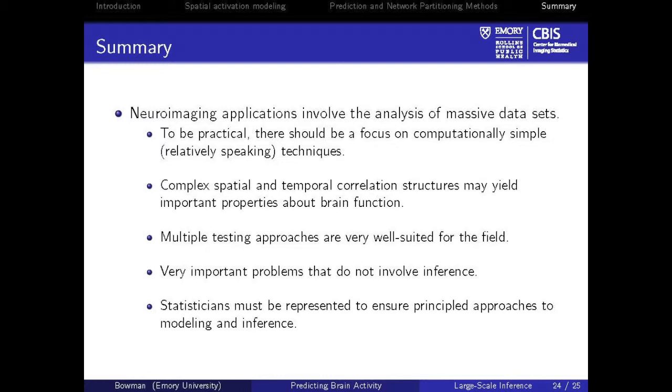Complex spatial and temporal correlation structures exist, and I think we want to explore that because it's not just for the sake of borrowing information, but there might actually be insights drawn from estimating those parameters that are important. In fact, for many disease processes, it's the correlation between regions that is more important even than the localized function. So there's good reason for doing that.